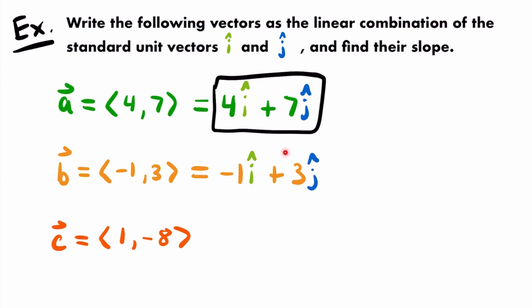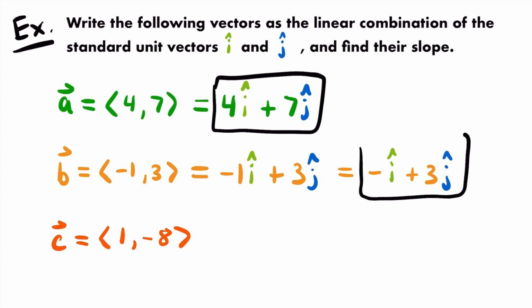Now we can simplify this a little bit. Typically, we don't write 1 as a coefficient of a value, so I'm just going to rewrite this to look like this. We'll have -i plus 3j. And that is the linear combination of the standard unit vectors that makes up vector B. The components of B just become the coefficients of i and j, and we add them together.